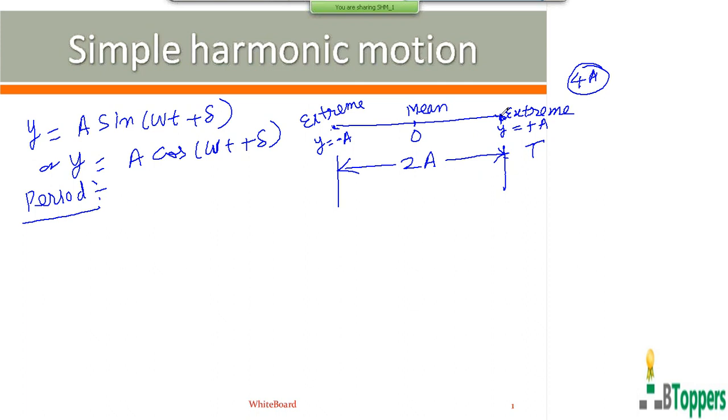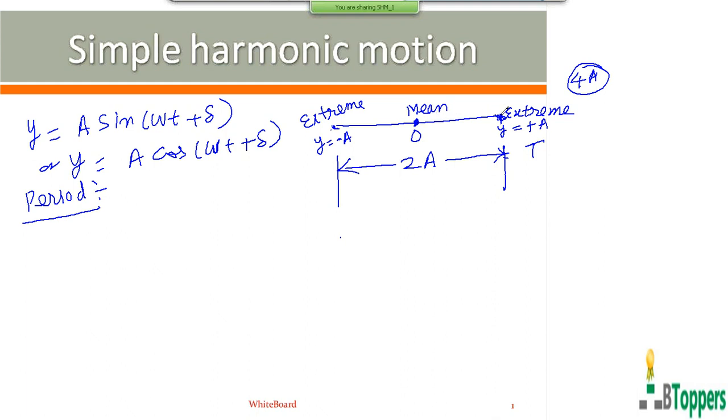It's not necessary that you count the oscillation starting from an extreme position. You can also count an oscillation starting from the mean position. Suppose the particle performing SHM is initially at the mean position, or you start timing when the particle passes through the mean position in the positive direction.